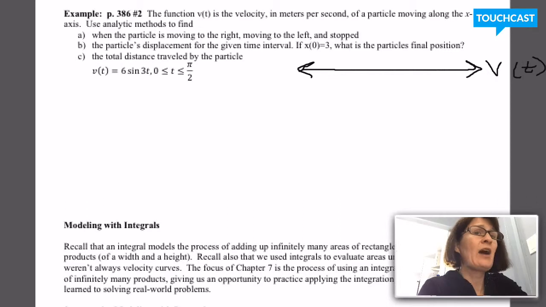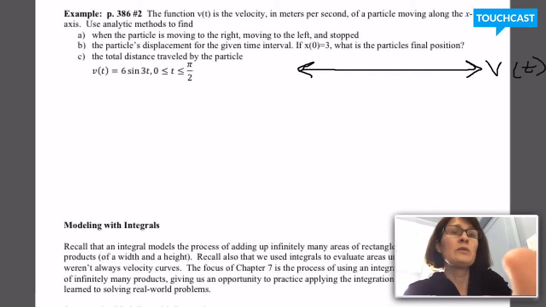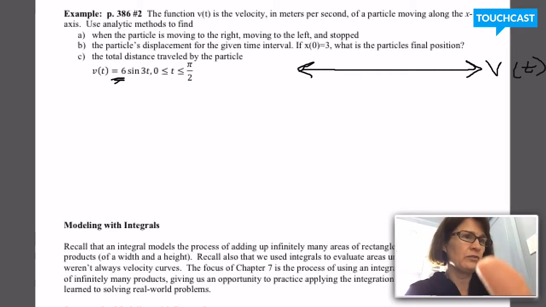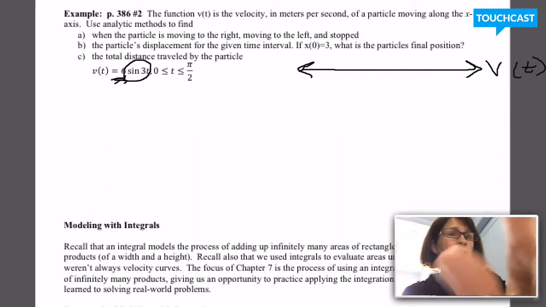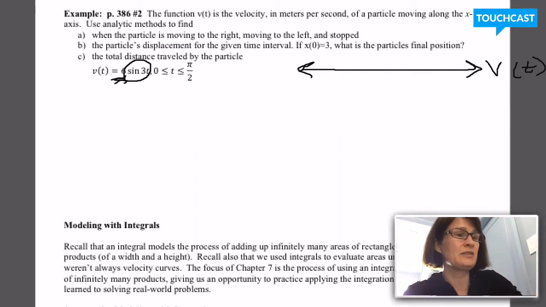So I start by figuring out what values of t would make velocity 0. Well, look at this. This 6 isn't going to change whether the velocity is 0 or not. I need the sine of 3t to be equal to 0. Well, that's going to be equal to 0 when 3t is equal to something that sine would make 0.